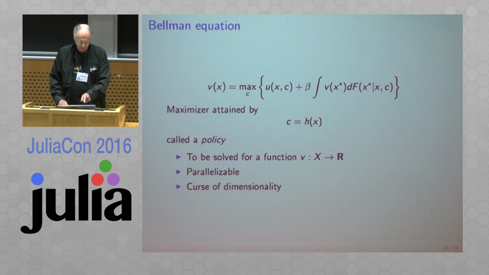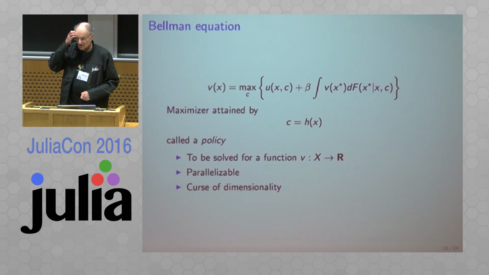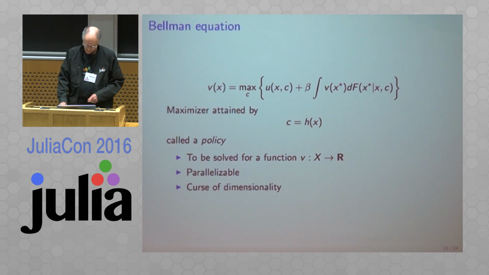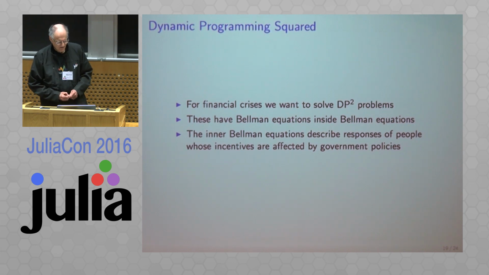Okay, so look at that Bellman equation. So there, X is a state. So finding the state is an art. So X is just a state, and you could see what it is. It's just governed by that controlled Markov process. What's dynamic programming squared? And for financial crises, we want to solve dynamic programming squared problems.